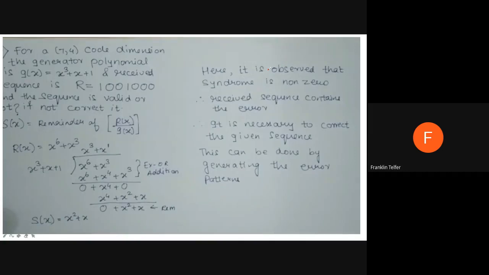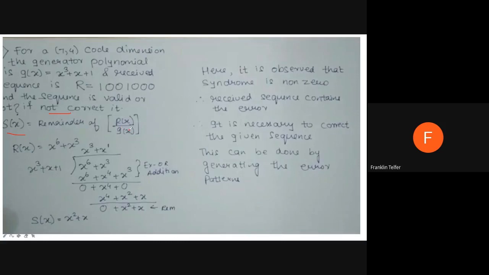The received sequence R is 1001000, and we have to find whether the sequence is valid or not. If not, correct it. So let us do the syndrome calculation. S of x is equal to the remainder of V of x by G of x, or R of x by G of x.